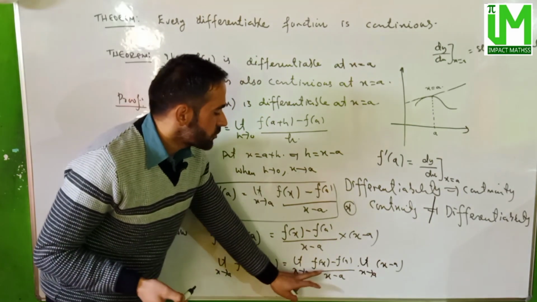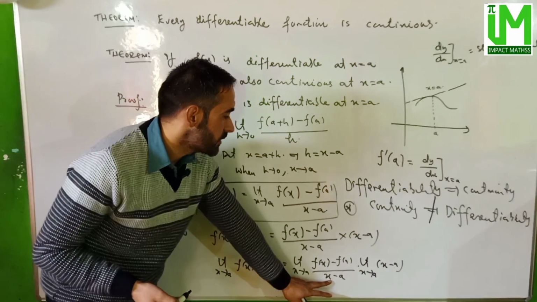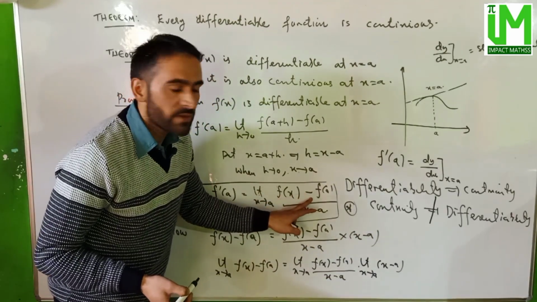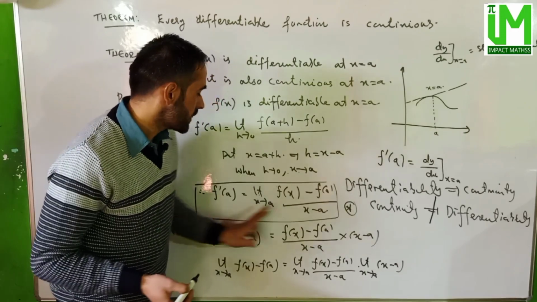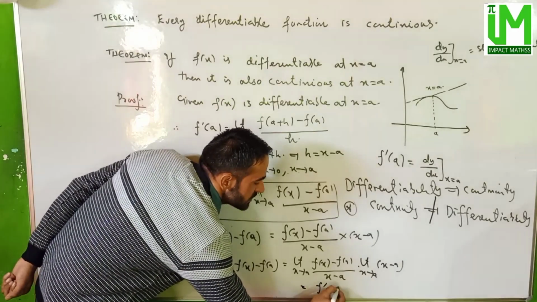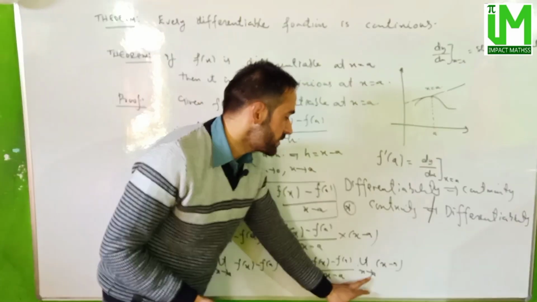Now limit x tends to a of f of x minus f of a divided by x minus a, what is this equal to? By equation star, this is f dash of a. So this will be f dash of a into limit x tends to a of x minus a.